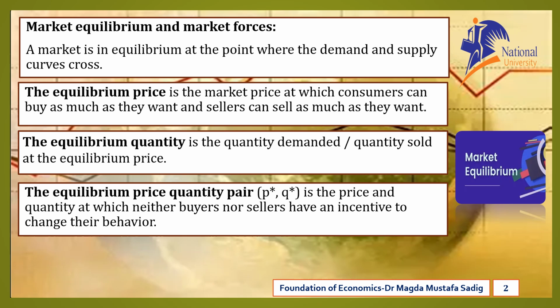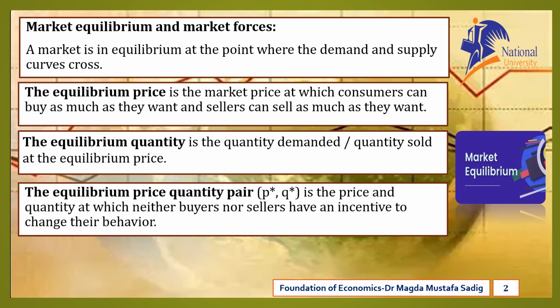But if price is too low, below equilibrium, there is a shortage, too much demand and not enough supply. Buyers compete to get the product. Sellers will raise prices since demand is strong. These market forces push the price back to the equilibrium level.